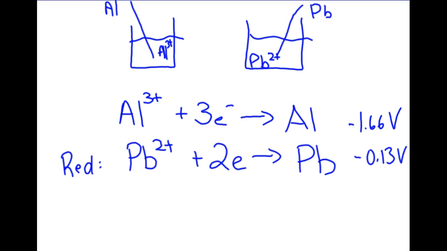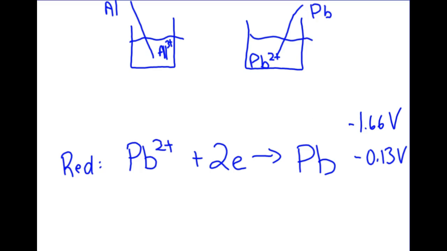That means we need to make this aluminum one an oxidation. How are we going to do that? Flip it. If I flip it, it becomes Al, Al3 positive plus 3 electrons.